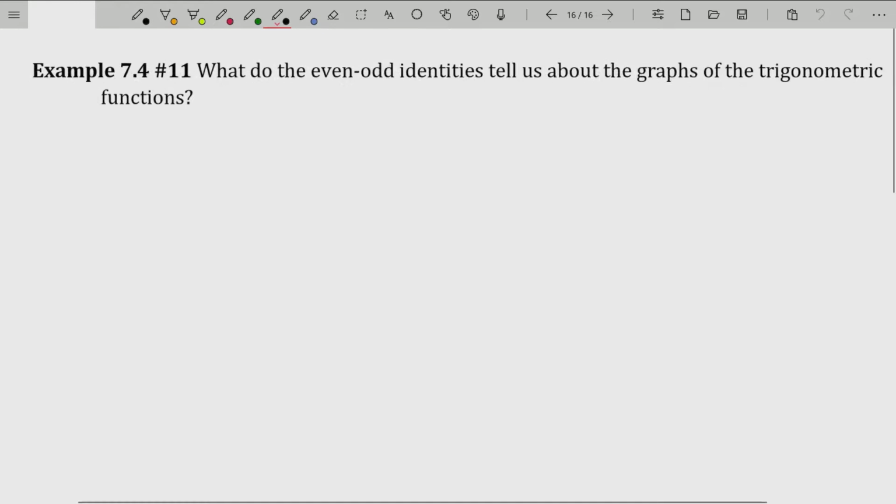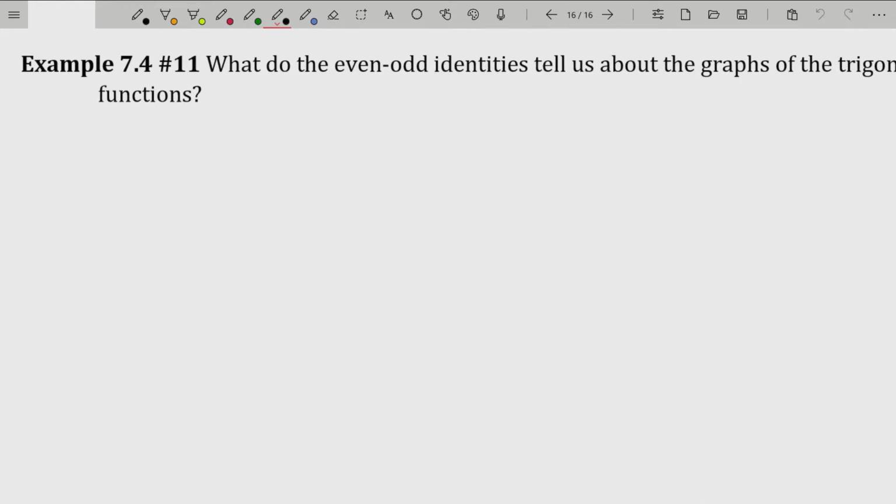Now remember, the following functions are odd: the sine and the tangent and their reciprocals. And we know that graphs of odd functions are symmetric about the origin.